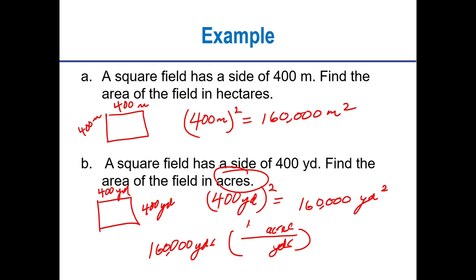So I know 1 acre is 4,840 yards. So the yards do cancel out, and we have 160,000 divided by 4,840. And this gives us about 33.1 acres. Approximately 33.1 acres.